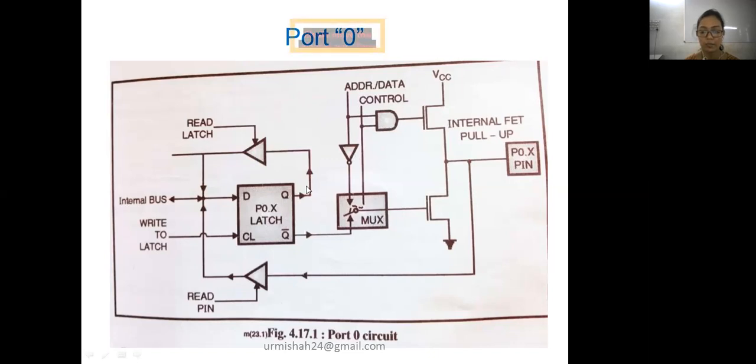Based on the input coming from the D flip-flop into the mux, your mux will decide whether you are treating your port 0 as input or output. A transistor is going to be selected based on the mux output. So this is the internal circuitry of port 0 of 8051. It comprises logic gates, a multiplexer and a flip-flop, as well as one transistor.